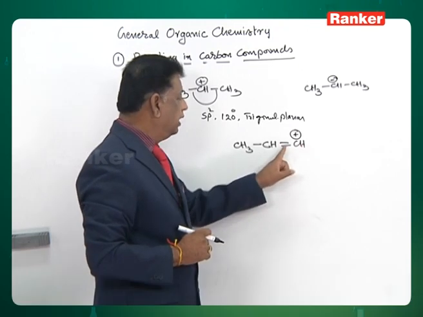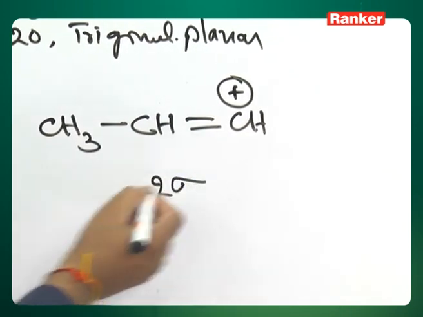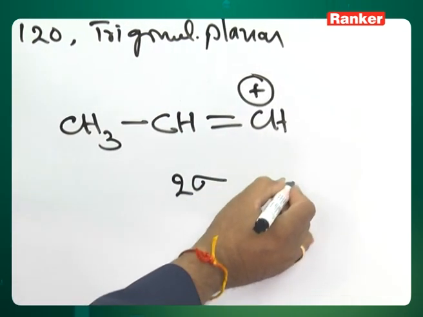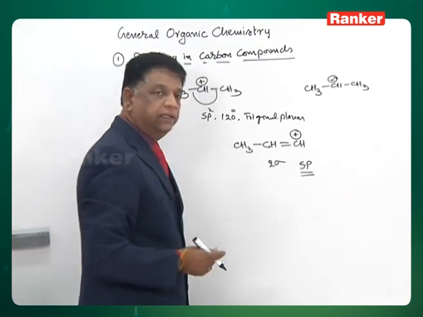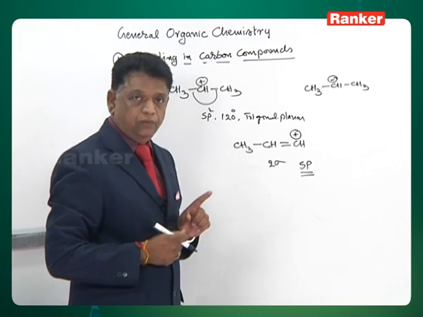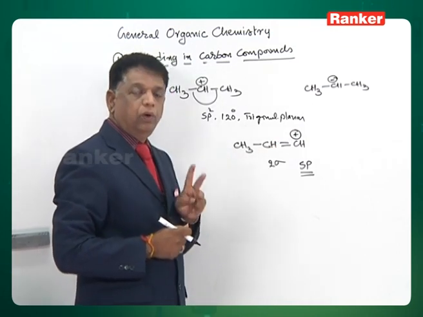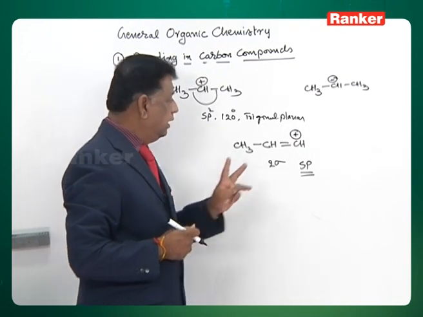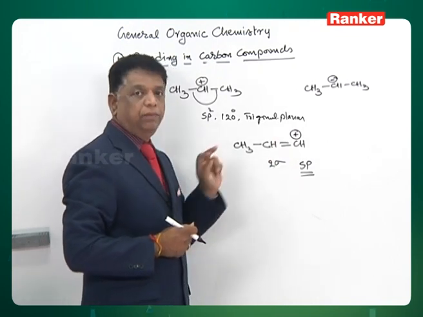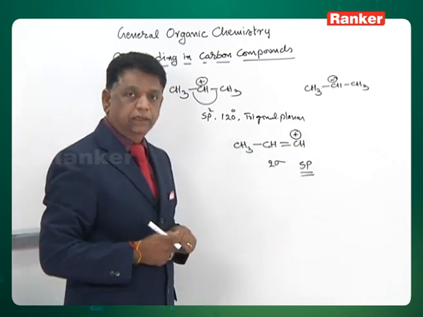So, there are 2 sigma bonds, which means sp hybridization, as you see in the chart also. How do you explain this one? Out of 4 electrons, 2s1, 2px1, 2py1, 2pz1, 1 electron is removed. Only 3 electrons are available, and of that 1 is making a pi bond. So, hybrid orbitals are only 2, that is sp hybridization.